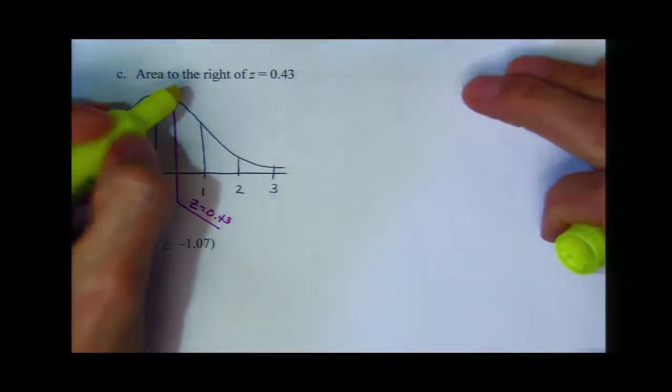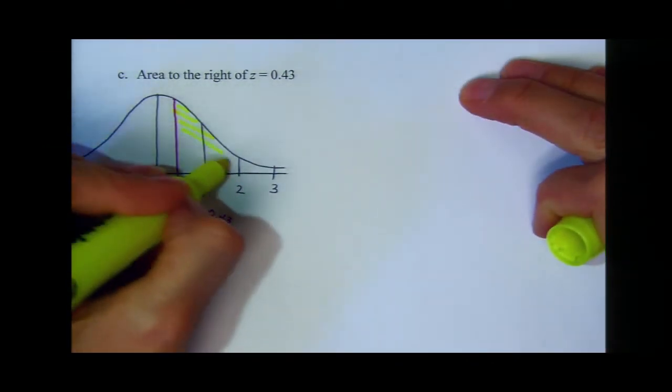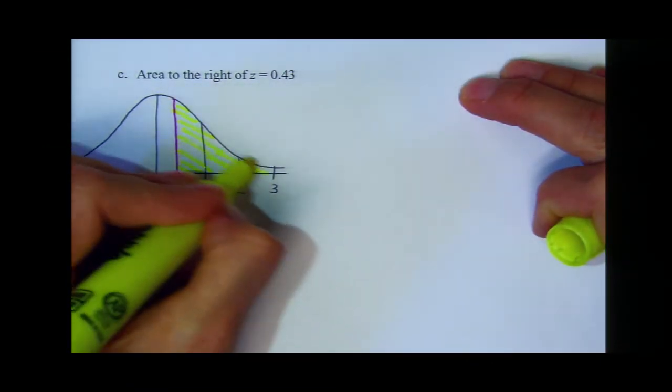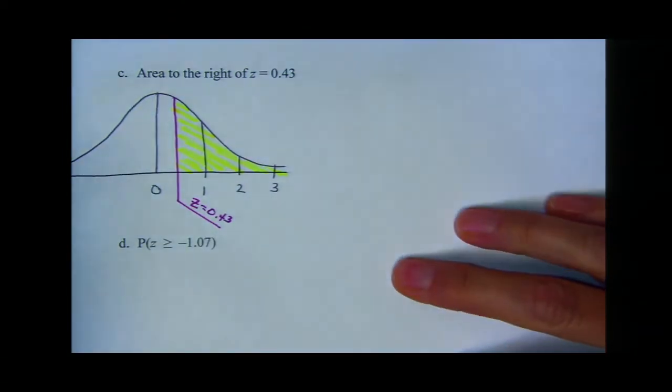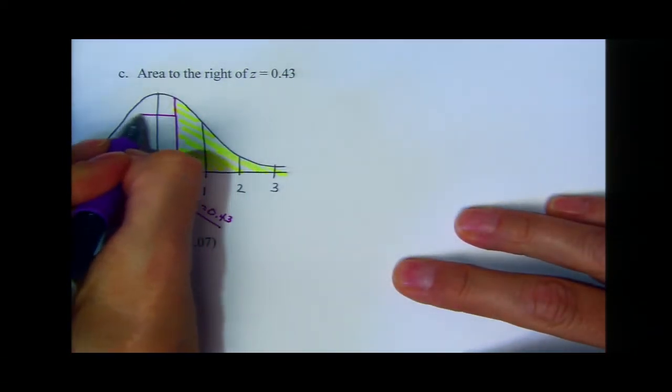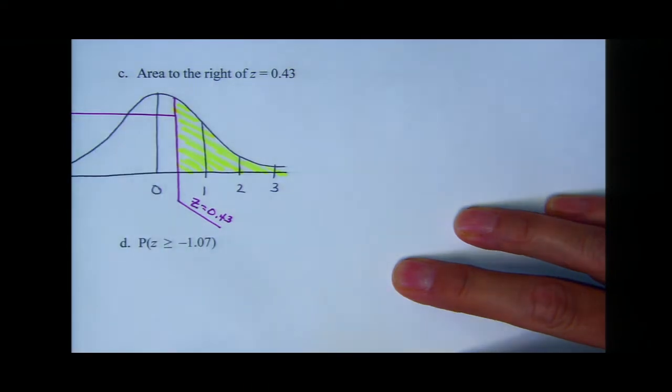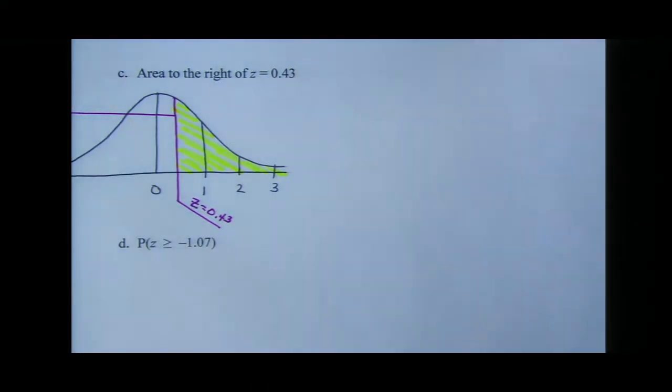But it tells me to shade to the right. But we only use a left-tailed table, which means when I go to the table, it's going to tell me the amount that goes to the left. So now it's going to give me, in this particular example, the non-shaded.